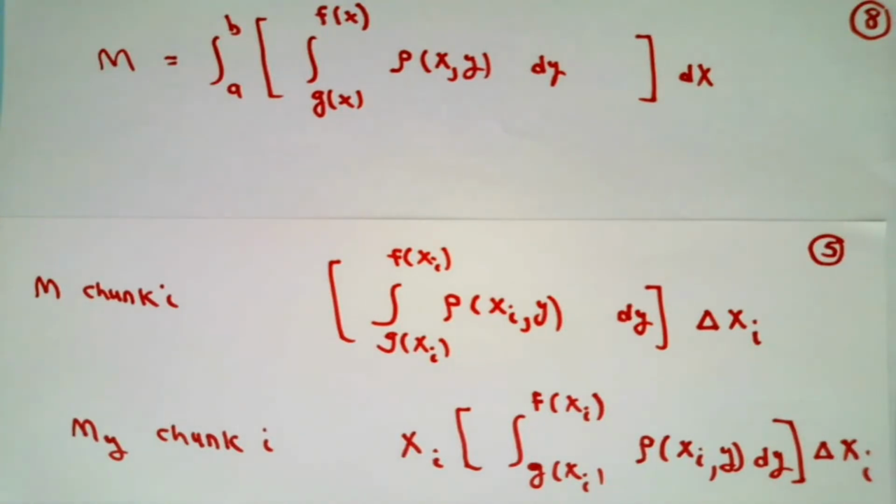If you look at the chunk of the moment about the y-axis, I'm going to take expressions that look like x number i times something that only depends on x number i, the thing inside the bracket doesn't depend on y, multiplied by delta x number i, add those up and take the limit as all of the delta xi's tend to 0, and that turns into an integral as well.